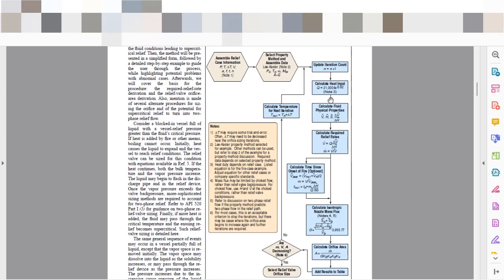After that, based on the heat input and the delta T added to your case, you will do the calculations related to some properties of the fluid, like the enthalpy, the liquid density, the entropy, and we will calculate the differences between the current iteration and the previous iteration.